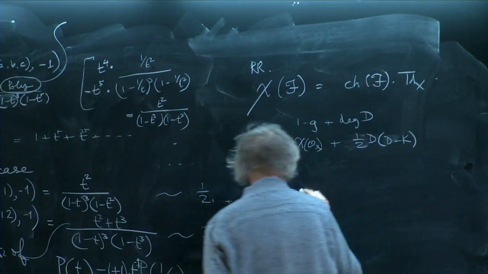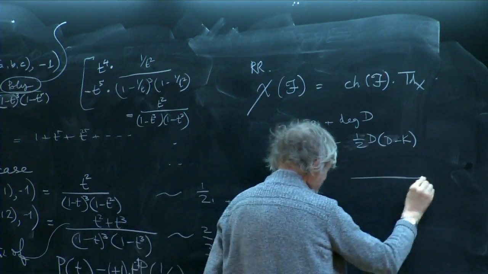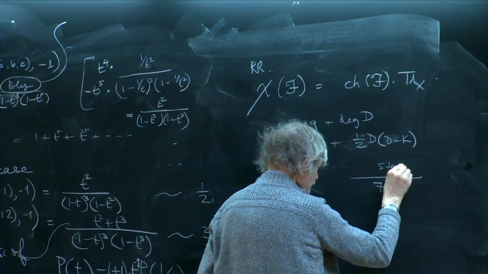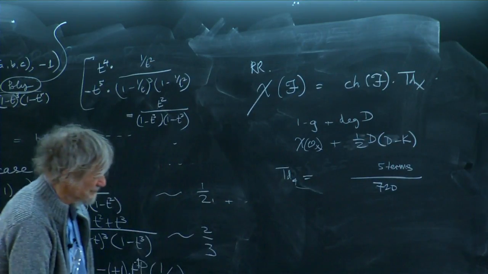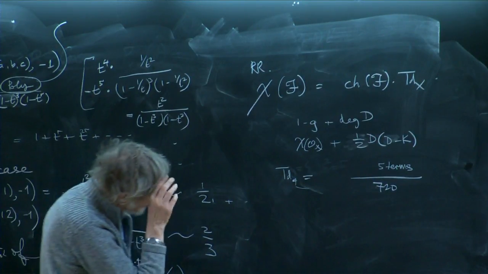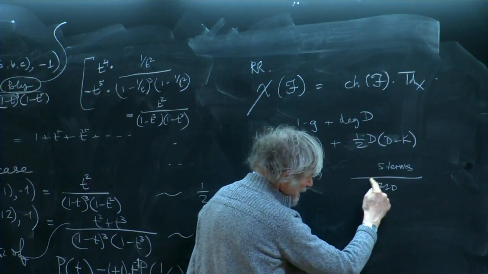So the td 4 is 1 over 720, and there's 5 terms on top. And the terms include things like c2 squared and c1 times c3 that nobody will ever understand. Yes? So there's a problem here in that there are denominators.